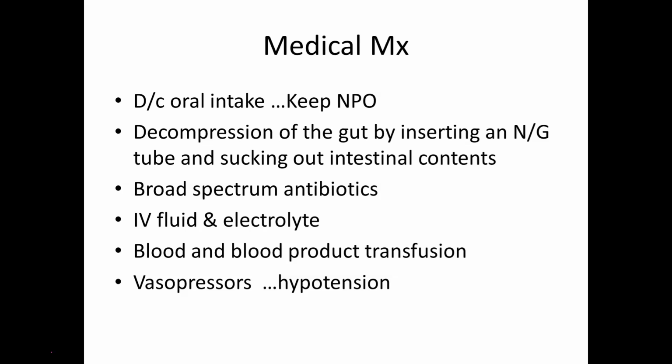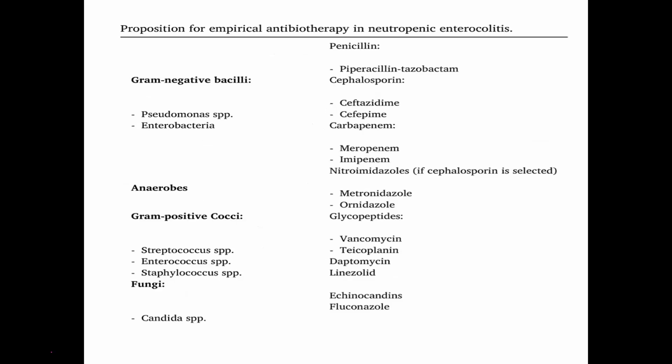Blood and blood product transfusion is vital because these patients end up developing DIC, correcting the platelet count above 50,000 and fibrinogen above 1.5, and also giving FFP to correct the process of DIC will be helpful. Vasopressors are recommended if there's hypotension or any shock, septic shock scenarios, to help.